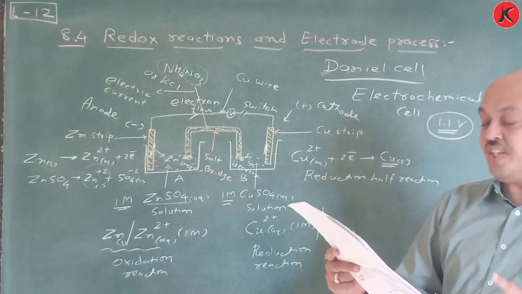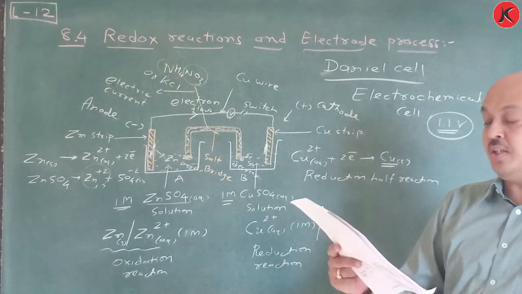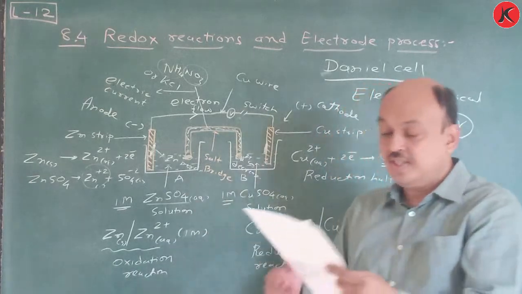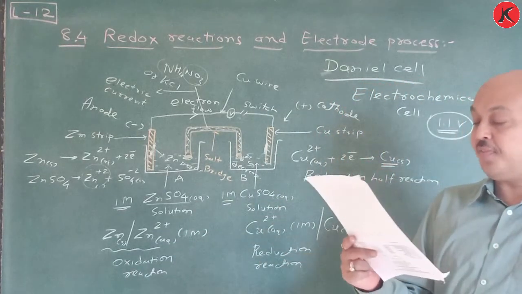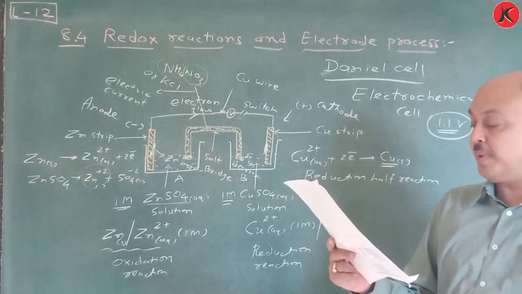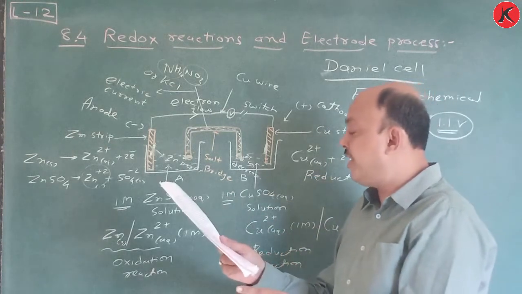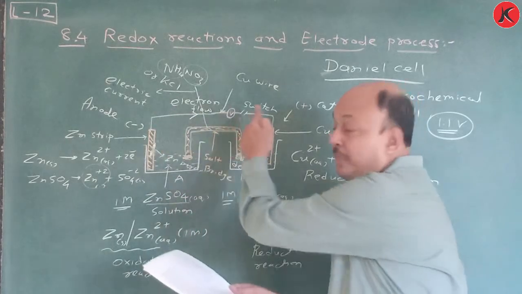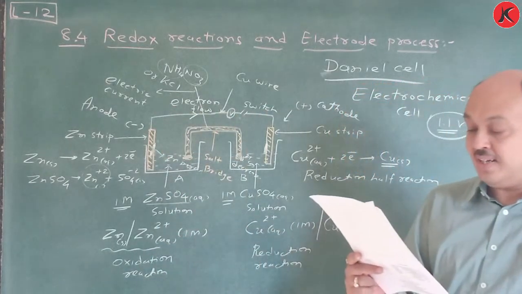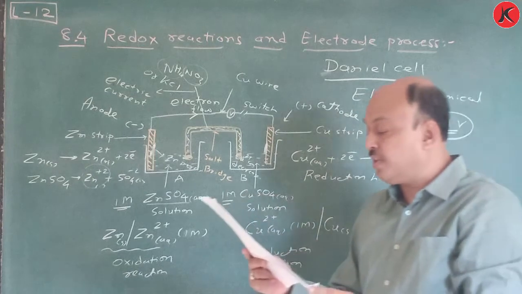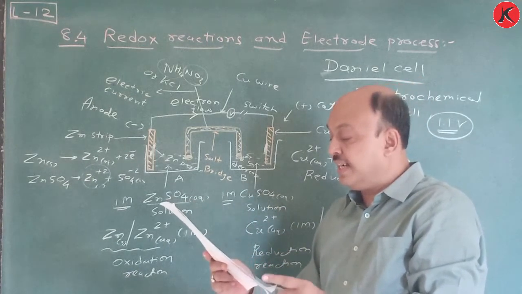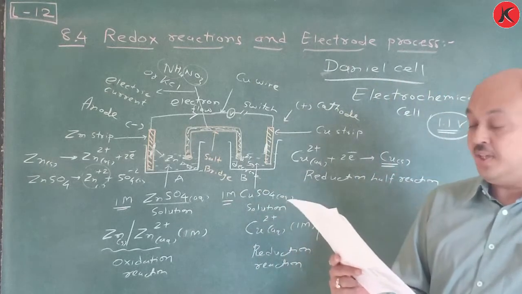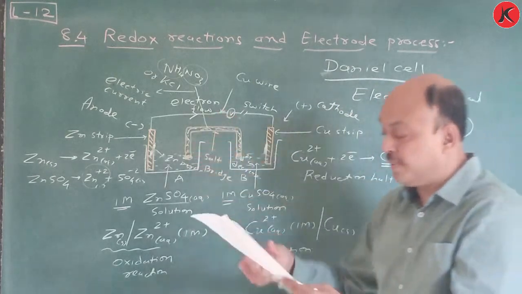As soon as the switch is in the on position, we make the following observations. Which observations? Just you see, the transfer of electrons now does not take place directly from Zn to Cu plus 2, but through the metallic wire. Remember, through the metallic wire connecting the two rods, as is apparent from the arrow, which indicates the flow of current. This is already explained.